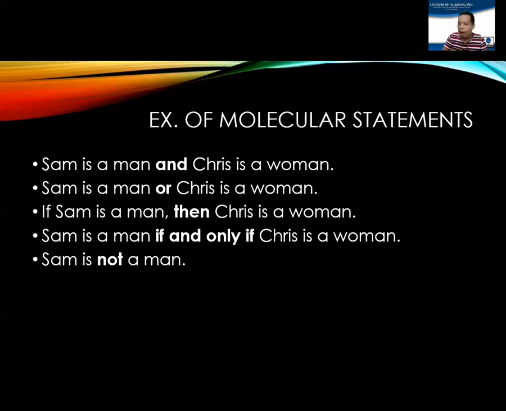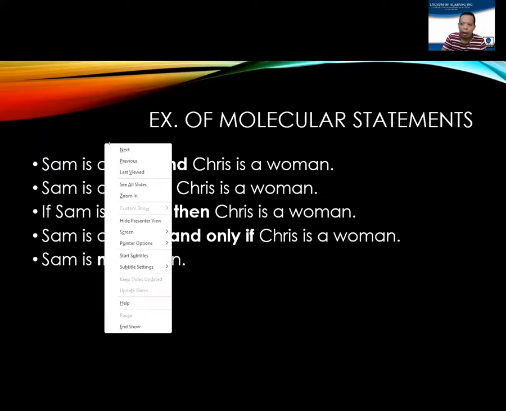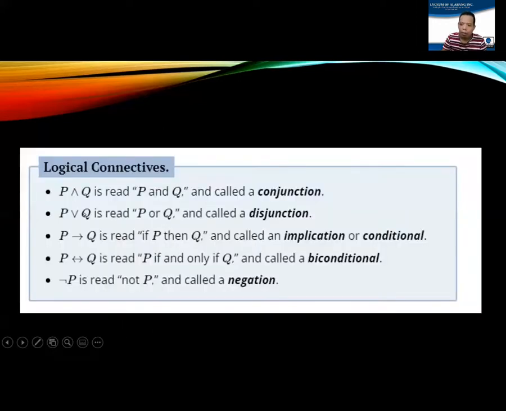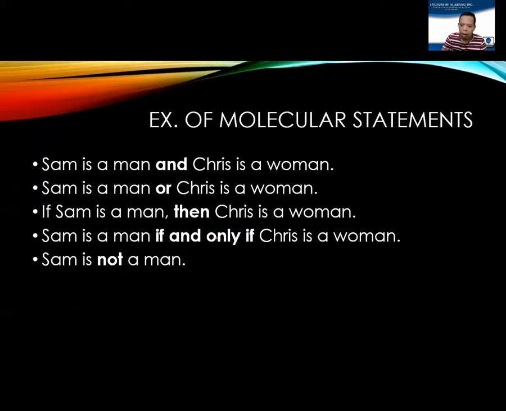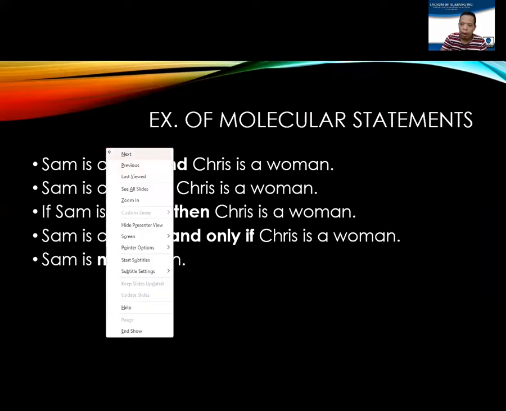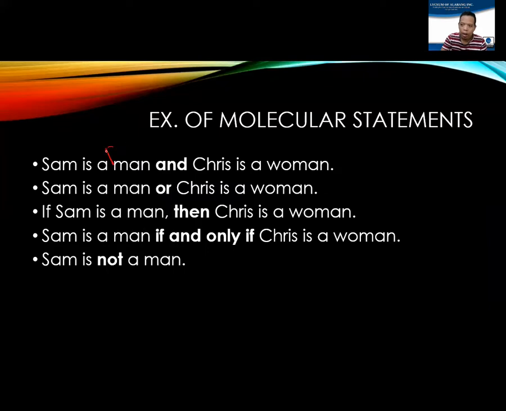When we have to express this in a well-formed formula, I consider that Sam is a man is P, and Chris is a woman is Q. So take note, P and Q are propositional variables, or sometimes called sentential variables.